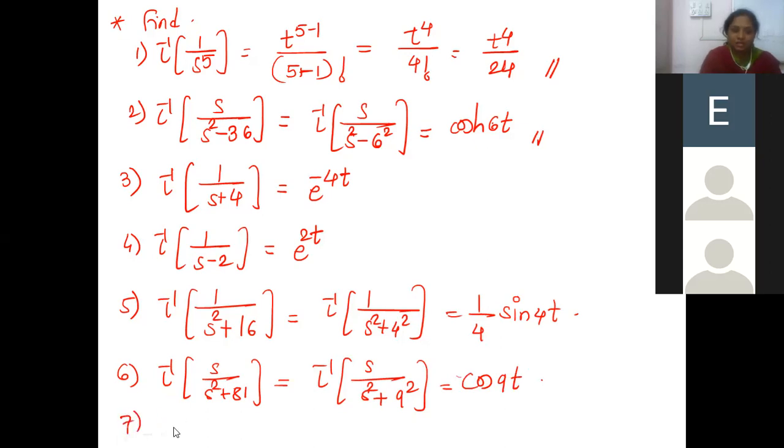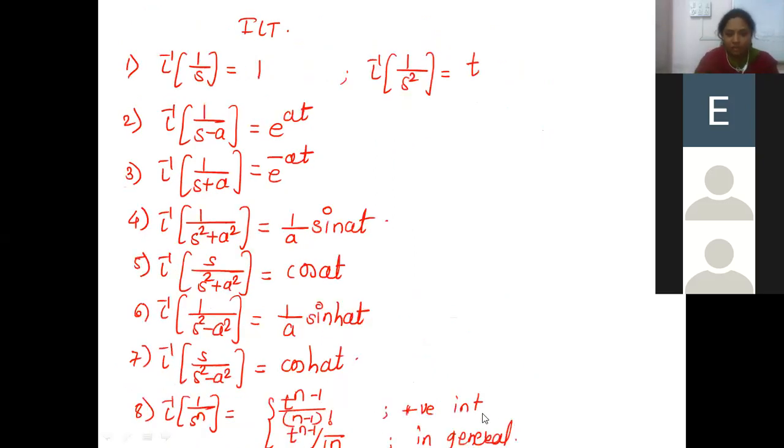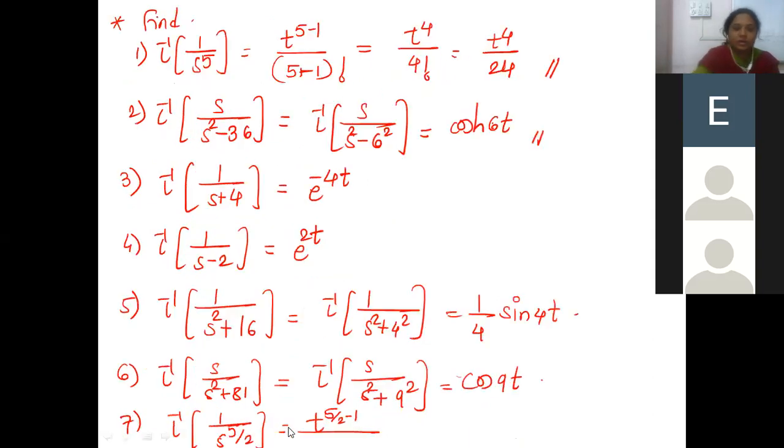And last thing, Laplace inverse of 1 upon s raised to 5 by 2. 5 by 2 is not an integer, so in general that is t raised to n minus 1, that is 5 by 2 minus 1, upon gamma n, so gamma 5 by 2. 5 by 2 minus 1 is 3 by 2.